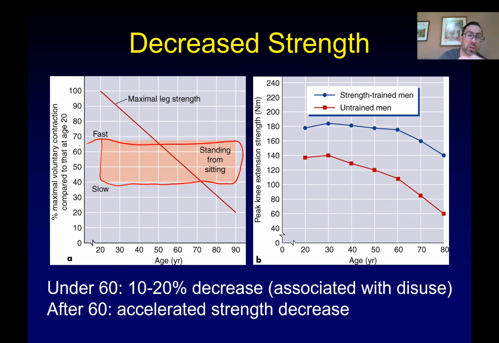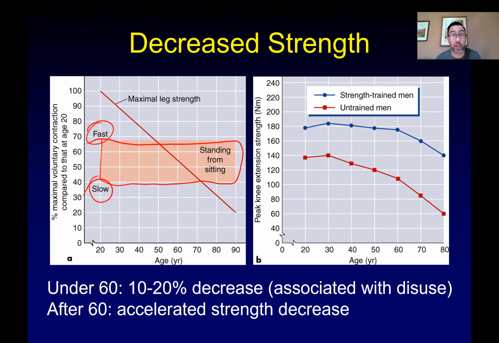So they're going to talk about doing an activity fast versus slow. Take going from sitting to standing up. If I told you to stand up slowly, that requires, in some ways, less overall strength than standing up really, really fast. Because remember, when we want to go fast, we actually generate less force, so you have to have a larger maximal to be able to do that.